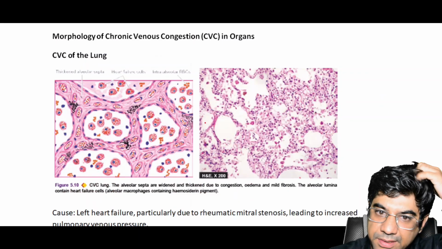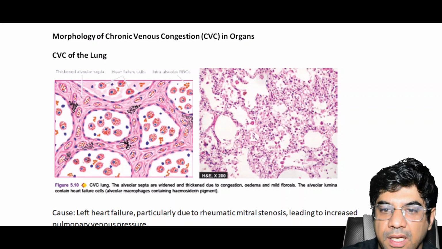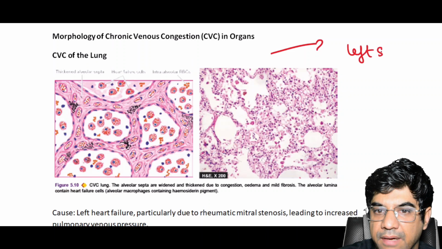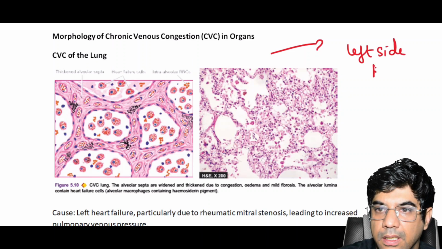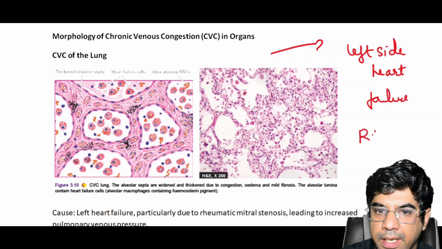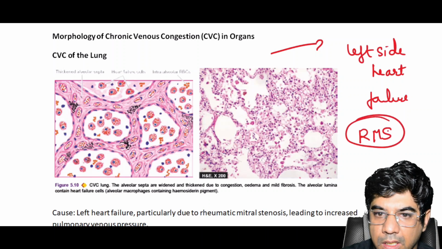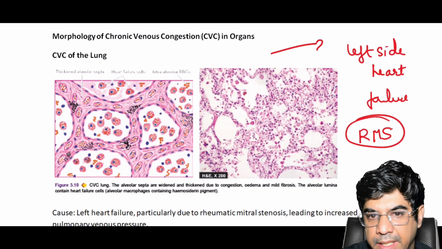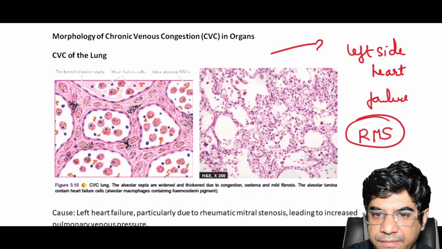Now let us discuss chronic venous congestion of the lungs, which is often caused by, remember, left-sided heart failure. It occurs in conditions like rheumatic mitral stenosis. That condition impairs the left ventricle's ability to pump blood effectively into the systemic circulation.